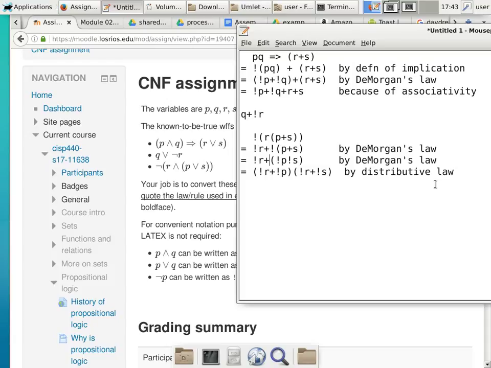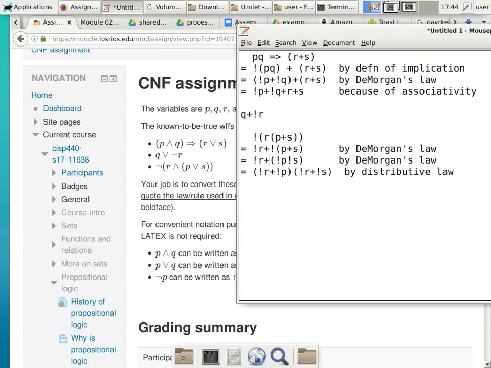De Morgan's law requires a negation on the outside. The negation has to apply to a disjunction or a conjunction. So unless you introduce negations like that, you can use De Morgan's law, but it won't get you anywhere.